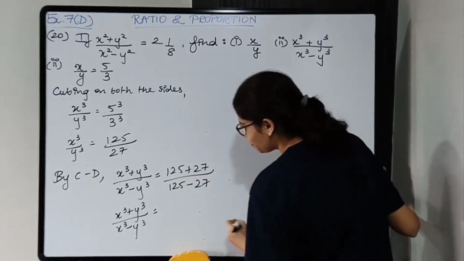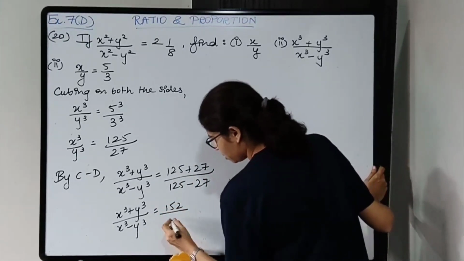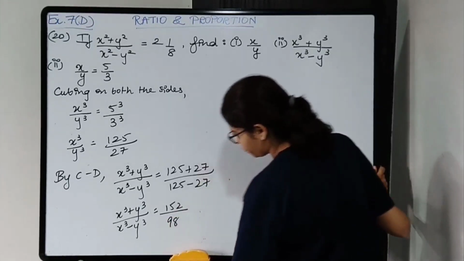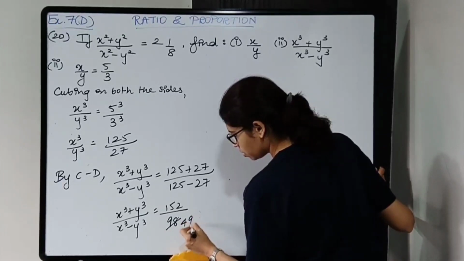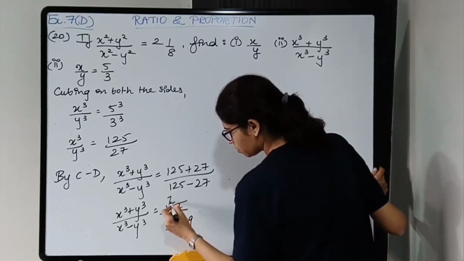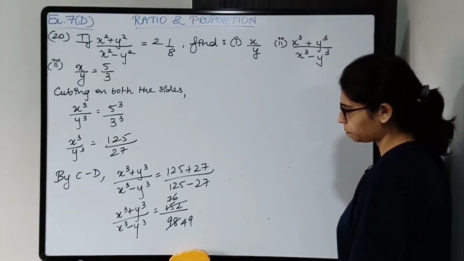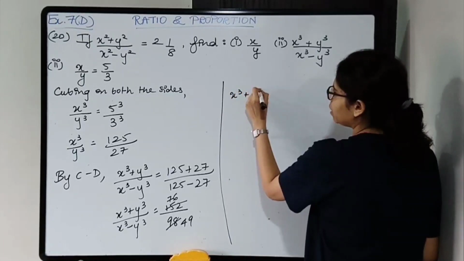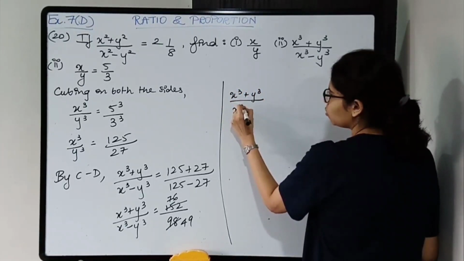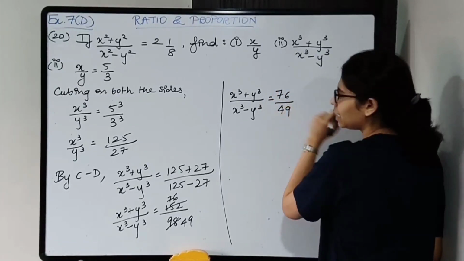So this will be 152 and this will be 98. Okay, I can cancel out by 2. 49 and 76, okay? So (x cube plus y cube) upon (x cube minus y cube) is equal to 76 upon 49.